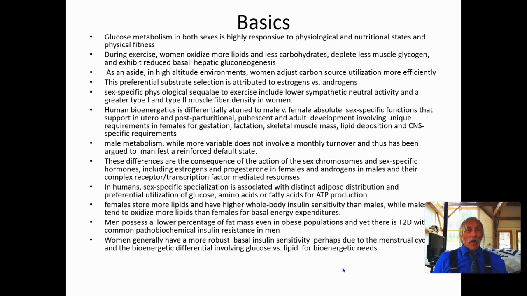It can be more variable. Remember, males tend to have more variation, and that is linked to that heterogametic theory, right? XY versus XX in females. But nevertheless, it does not involve a monthly turnover, which would, of course, be the menstrual cycle in females, and thus has been argued in the literature to manifest a reinforced default state.